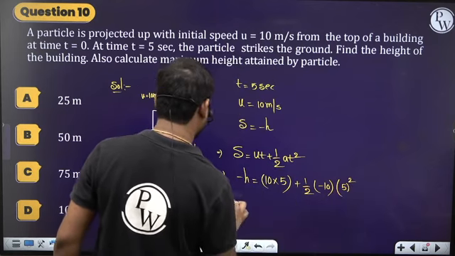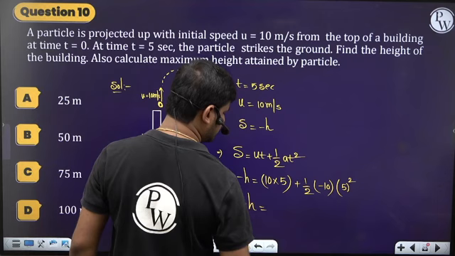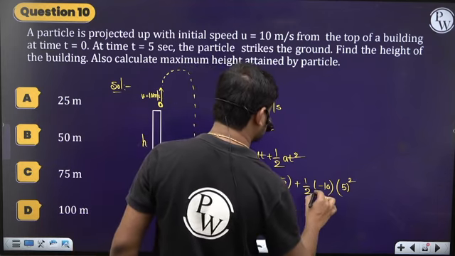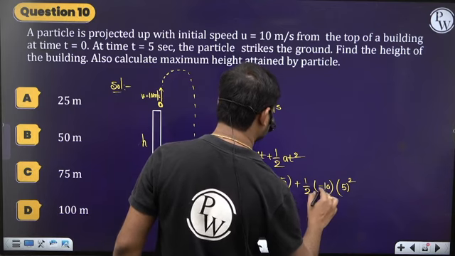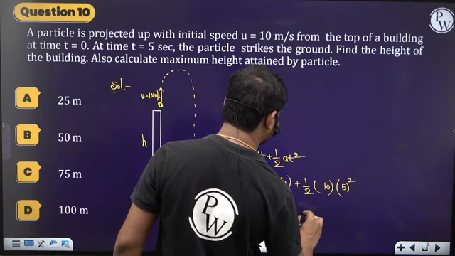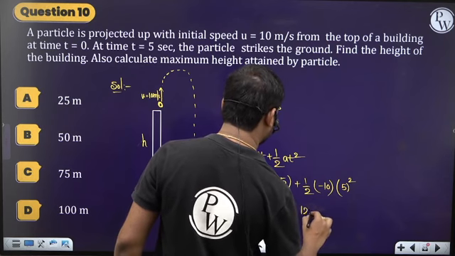So minus h equals 50 minus 5 into 5 square, 5 cube, so 125, right?